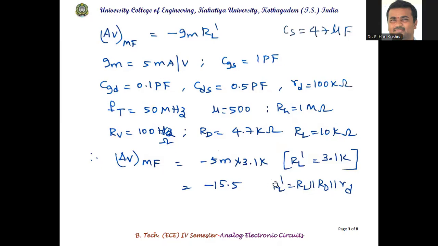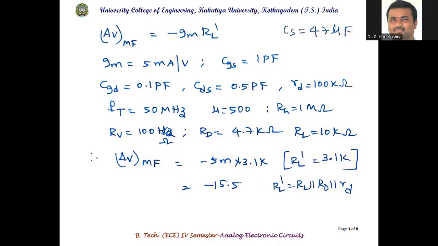And the first computation is RL dash, which is capital R parallel with capital RD parallel with small rd. That is 10K parallel with 4.7K parallel with 100K, which leads to 3.1 kilo ohm. So AVMF is equal to minus gm RL dash. gm is 5 milli multiplied by RL dash, 3.1K. The answer is minus 15.5, the mid-frequency voltage gain.